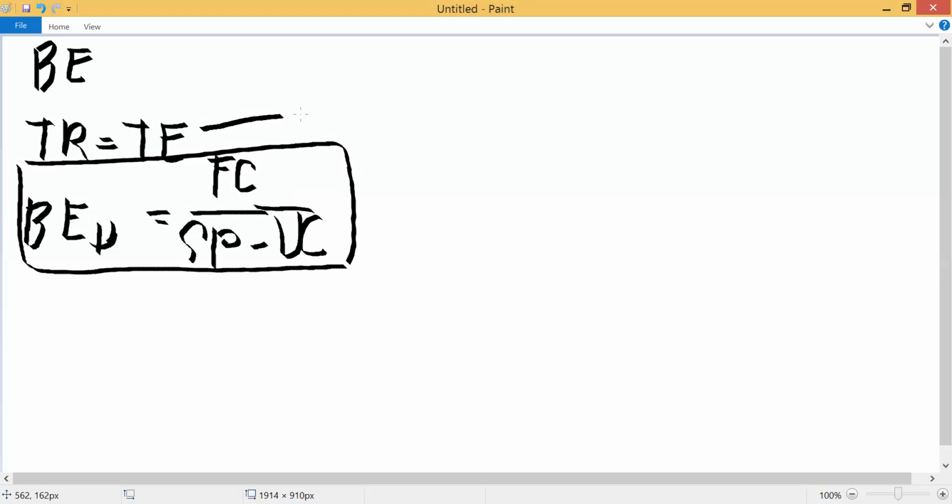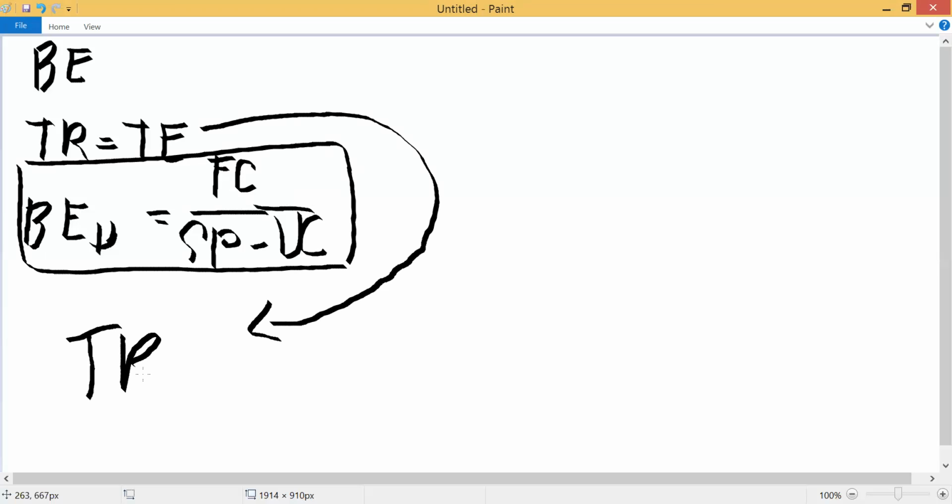From this equation, TR is equal to TE, we can derive the formula above. I just want us to discuss how we derive this formula.